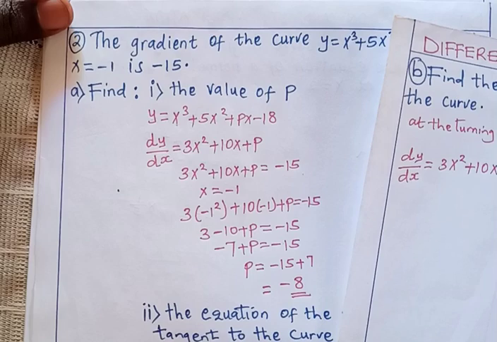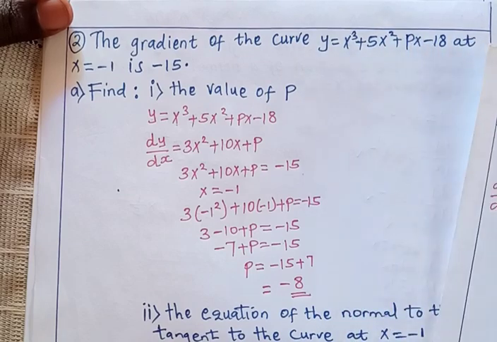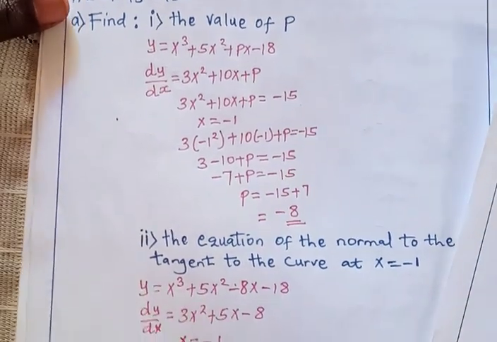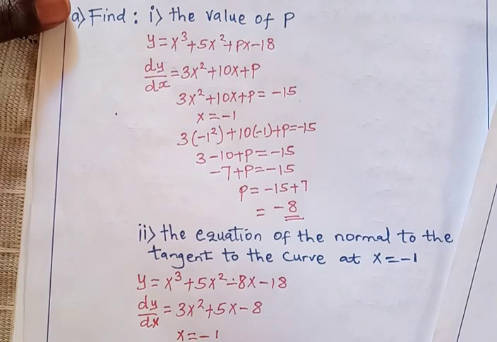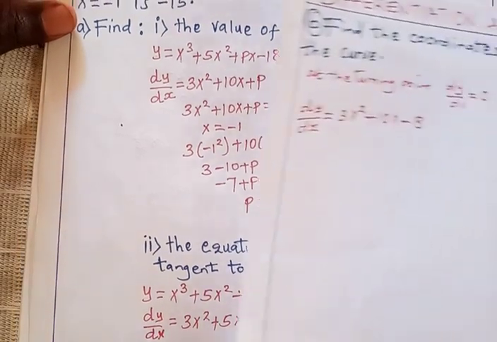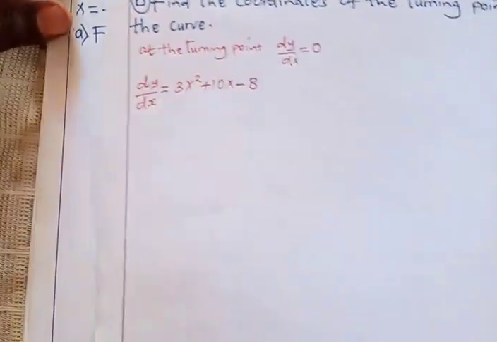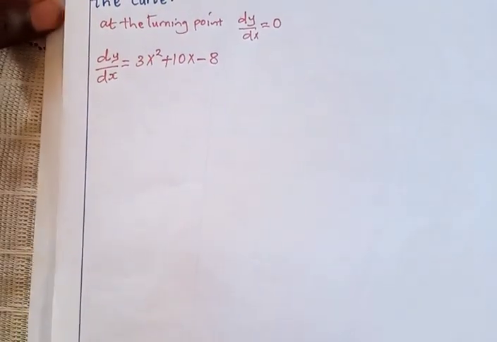Remember, our complete equation was y equals x raised to power 3, plus 5x squared, minus 8x, minus 18. If you differentiate this, you are going to get 3x squared plus 10x minus 8.